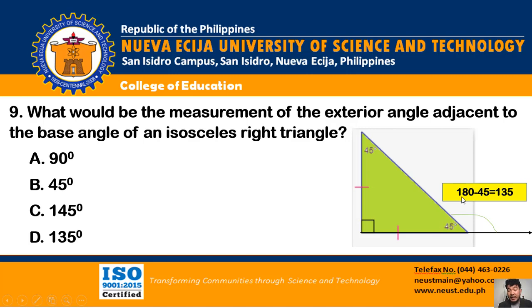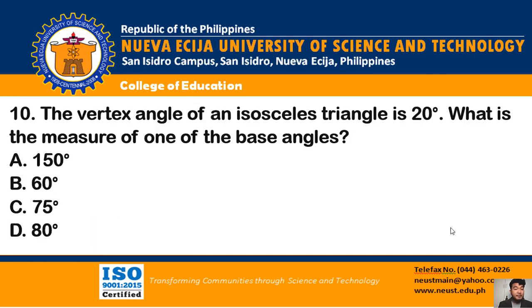They form 180 degrees. For you to get the measurement of the exterior angle, you have to subtract 45, or the base angle, from 180, and that is equal to 135, or letter D.